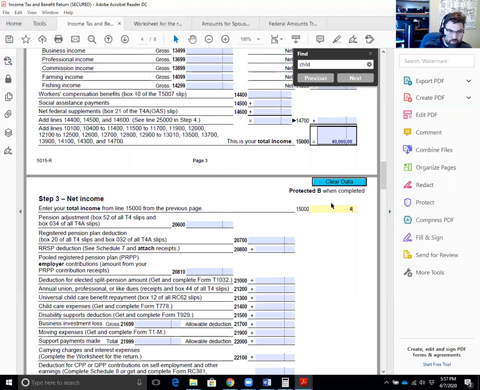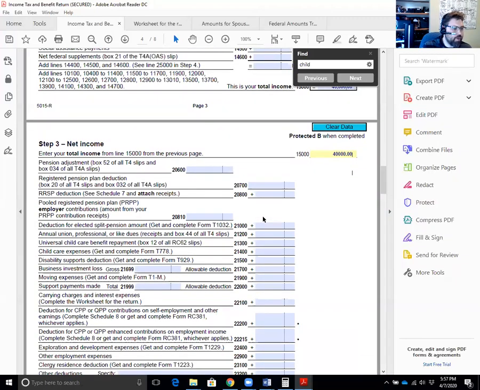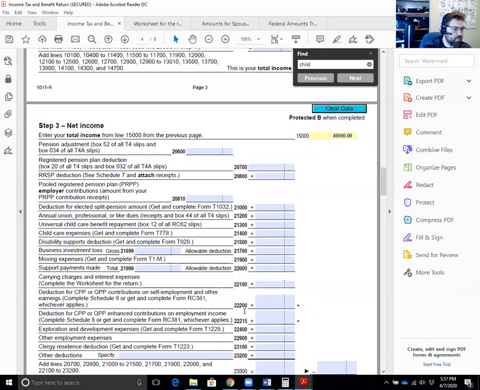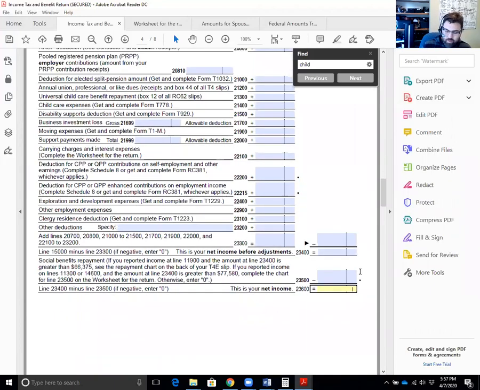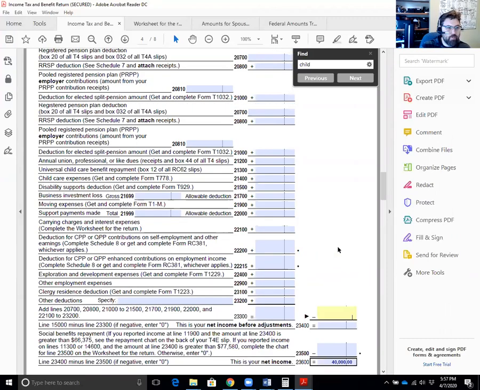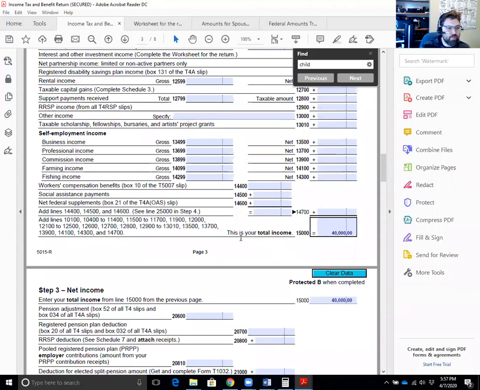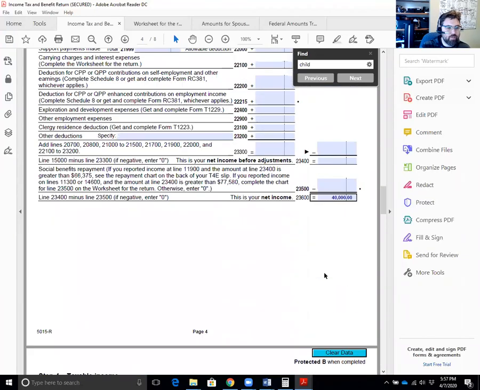I'm just going to carry this through, with no deductions here to bring our income down. So our net income is going to be the same as our income for tax purposes. This is our total income, 40,000.